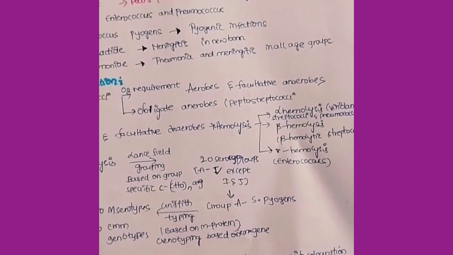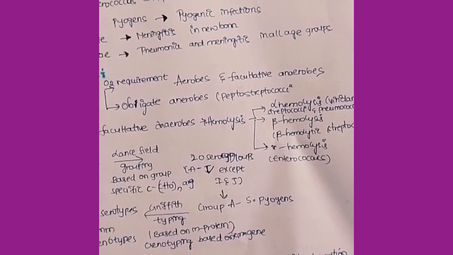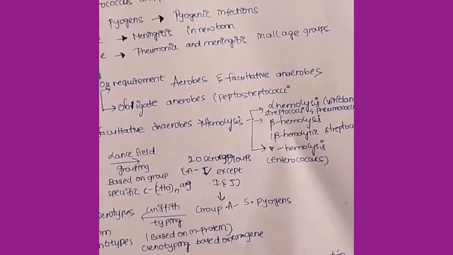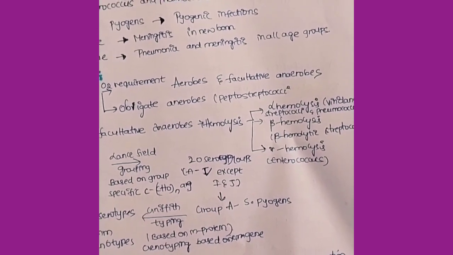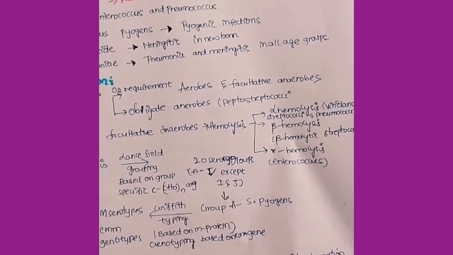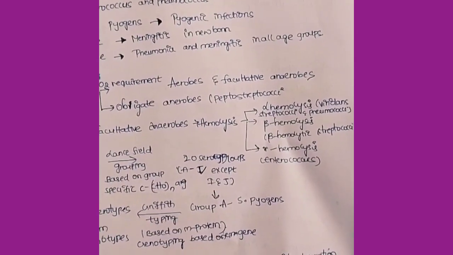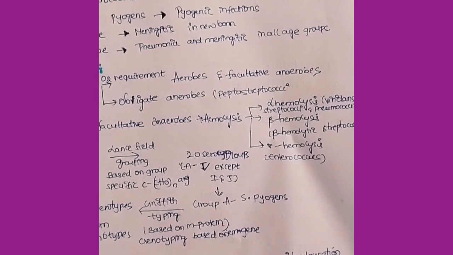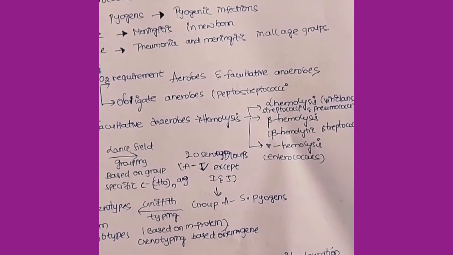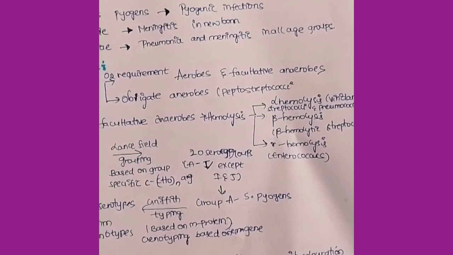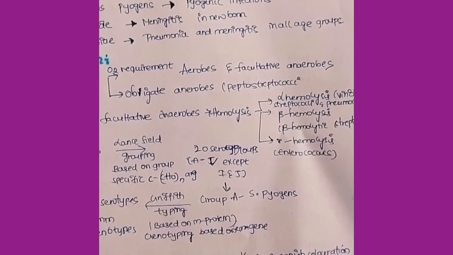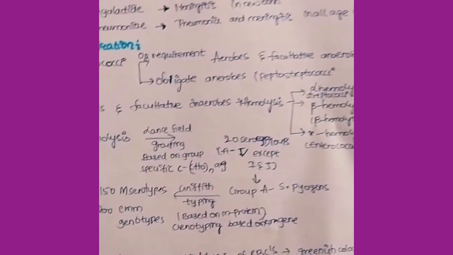Gamma hemolysis is a misnomer, as no hemolysis is seen; an example is enterococcus. Beta hemolysis shows complete hemolysis around the colonies, whereas alpha hemolysis is partial hemolysis, with green color seen surrounding the colonies.